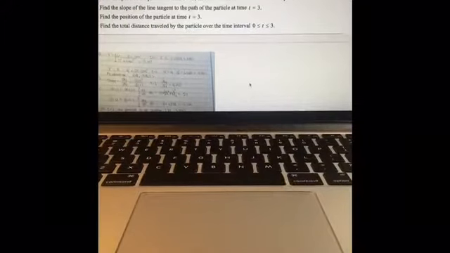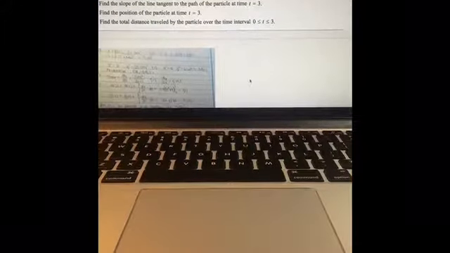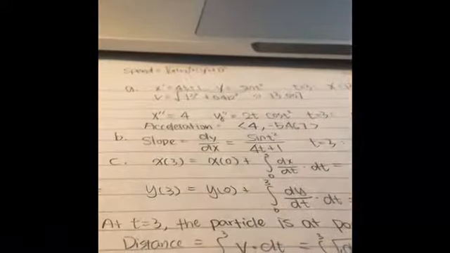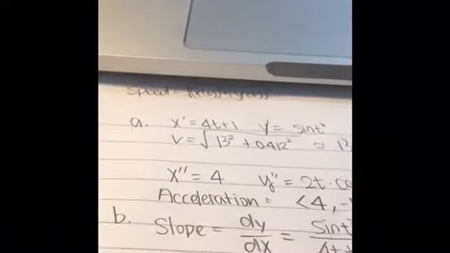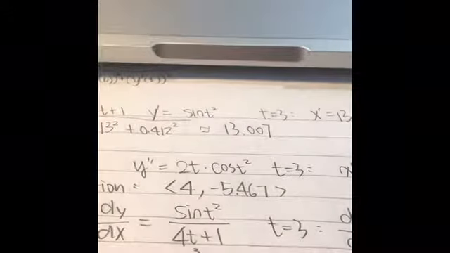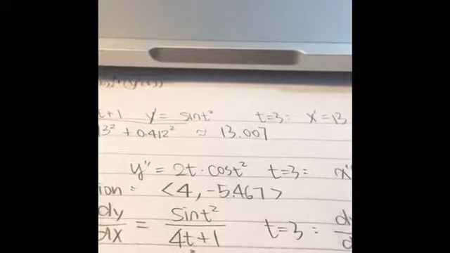13.007. So to find the acceleration vector at time equals 3, we need to know the second derivative of both x and y. From the x prime, we know the x double prime is 4, and y double prime is 2t times cosine t squared.